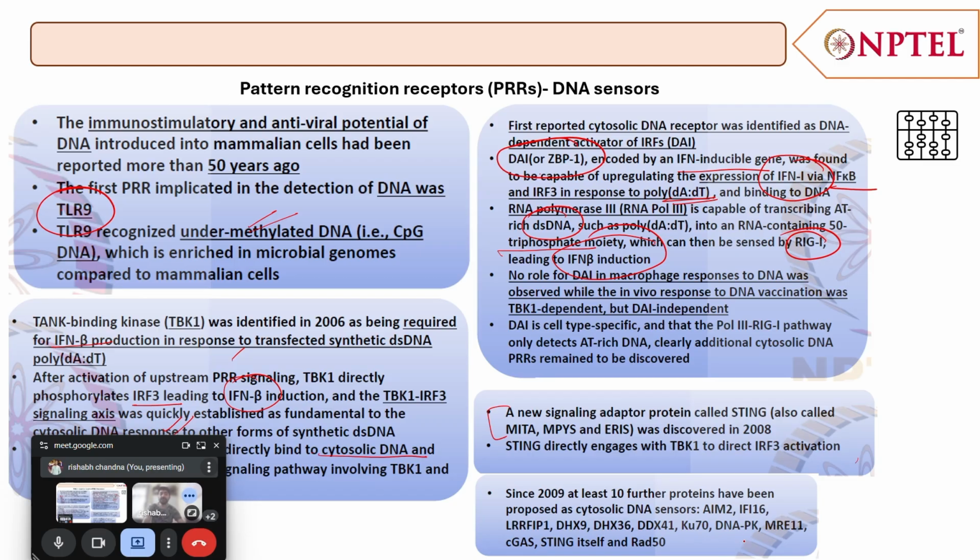Similarly, there are different DNA sensors that have been identified till now that can detect the DNA in the cytoplasm. This DNA can be either the DNA of the pathogen or any dysregulated DNA that is present, irrespective of self DNA. It can be detected by these proteins.